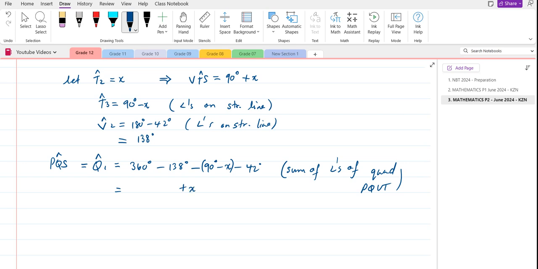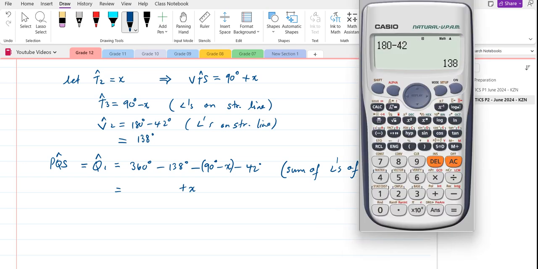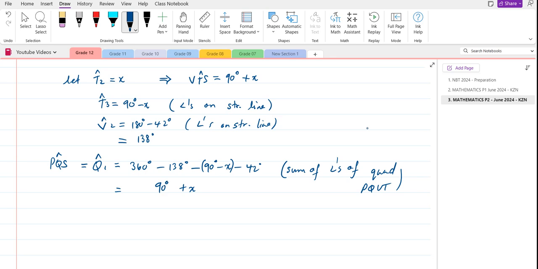And if we take 360 minus 138 minus 90 minus 42, we're getting 90. So what we got? We got 90 plus x. So basically PQS equals VTS.